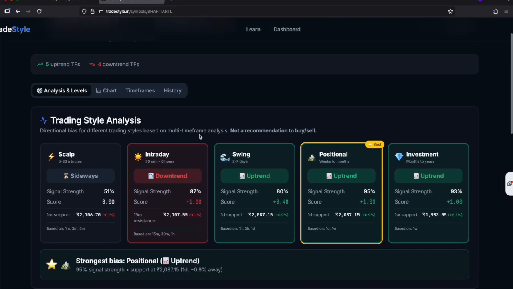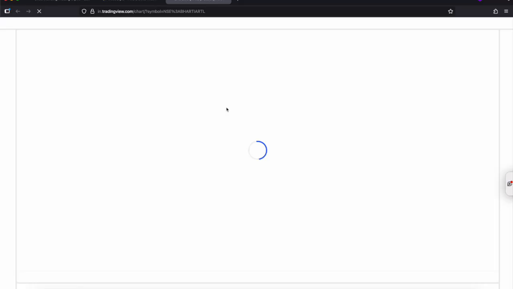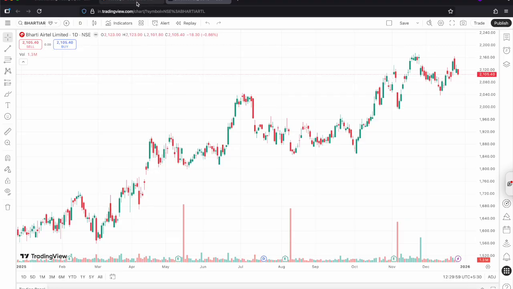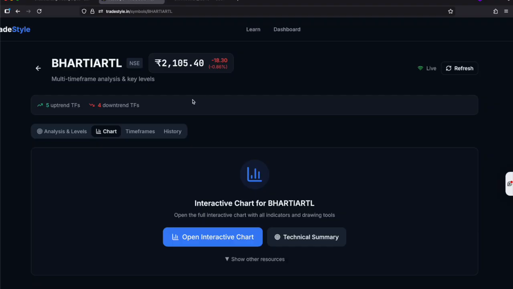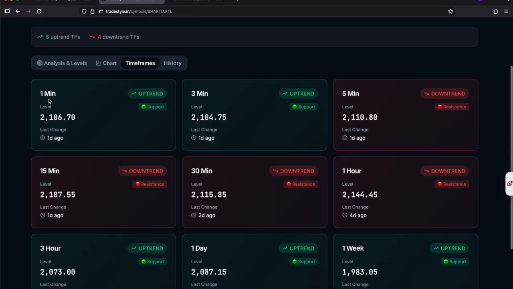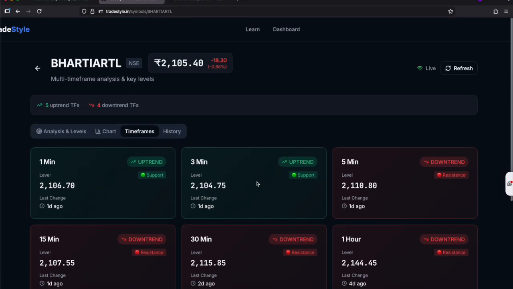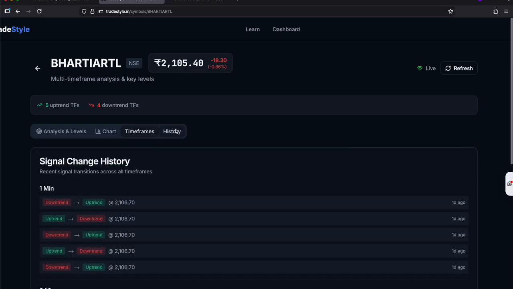From here you can open the chart and see what's happening. You can also see the different time frames. For 1 minute it is uptrend because it's above this support. 5 minutes is downtrend because it's below this resistance. So you can consider all of this support and resistance for your trading, and then you take the decision.